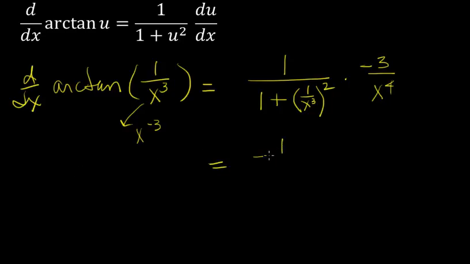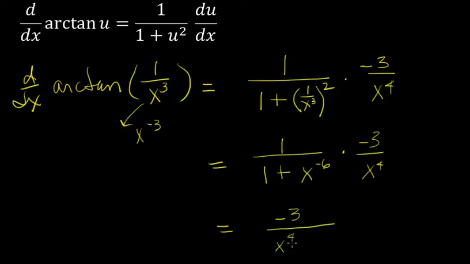And let's simplify this. We have 1 over 1 plus, inside here is x to the minus 3, so that's x to the minus 6, and we're multiplying by negative 3 over x to the 4th. So we could multiply that in if we want. We could go a long ways in simplifying this. Maybe just write minus 3 over x to the 4th plus x to the minus 2. Actually, since this is a review tape, let's simplify it to be the nicest.